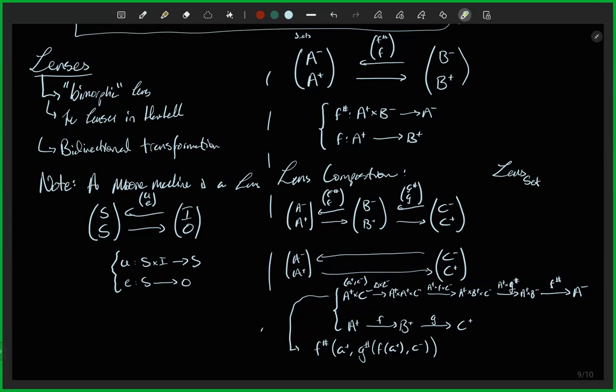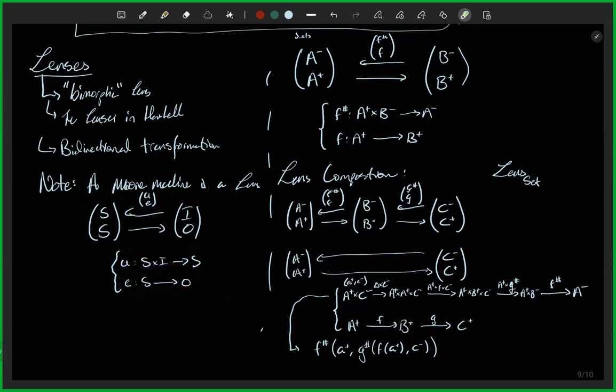The thing we observed at the very end of last time is that a system, a Moore machine, is itself a lens of this form. If you set both the things in the back to be the same, then the two maps of the lens become the exposed map and the update map.